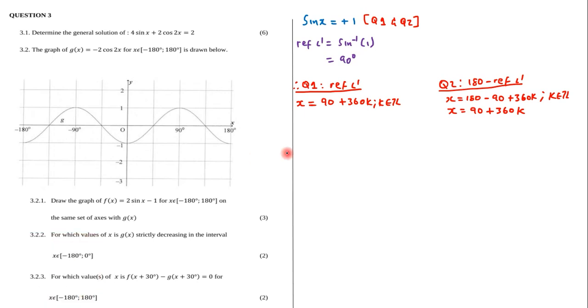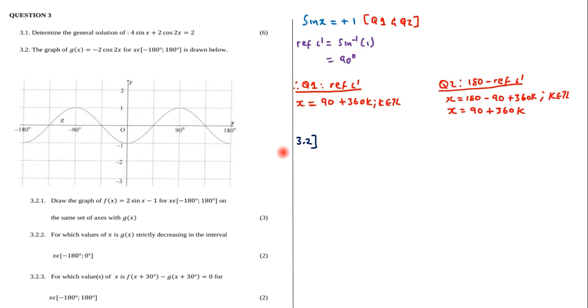Alright, so now let's look into the second question. Here, we are given that the graph of g of x is equal to minus 2 cos 2x for x an element of minus 180 to 180, including minus 180 and 180.